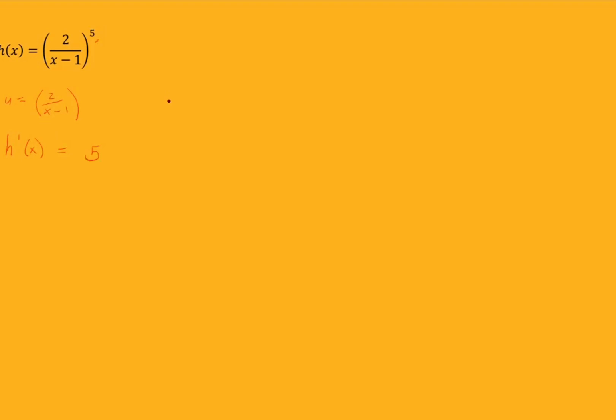The derivative of u to the n is n times u to the n minus 1 times the derivative of u with respect to x. So here, 5, and then your u, which is 2 over x minus 1, to the power of 5 minus 1. And then you multiply by the derivative of your u.